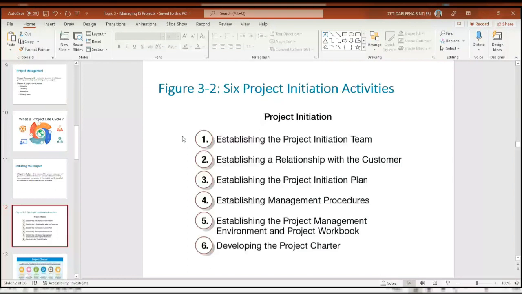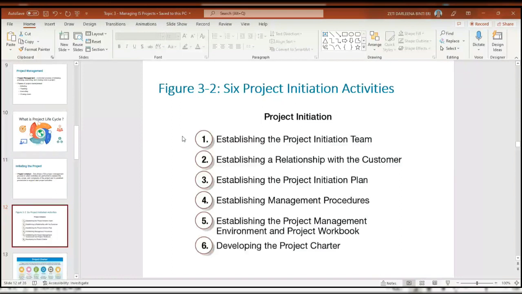Kalau satu orang involve terlalu banyak project, you cannot engage with the project and then expectation of contribution pun mungkin menjadi kurang.